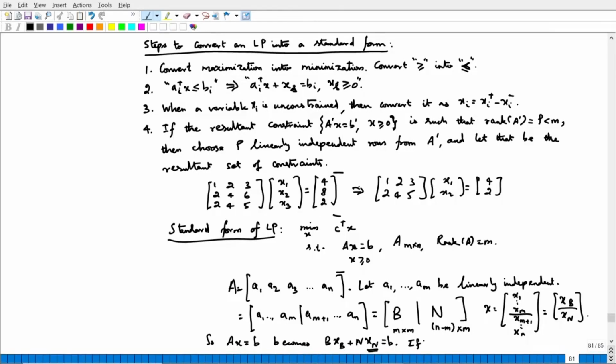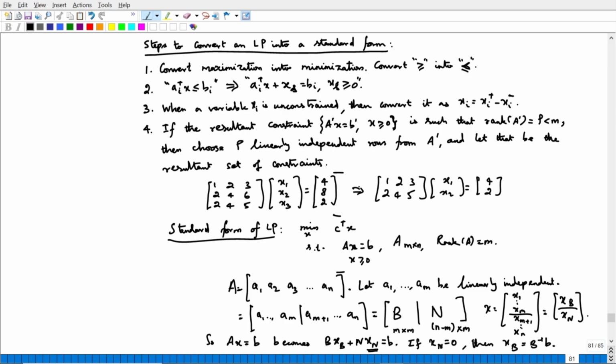So, suppose I choose the free variables, that is the non basic variables, all as 0. If xN equal to 0, so these n minus m variables become 0, then xB is actually B inverse b.